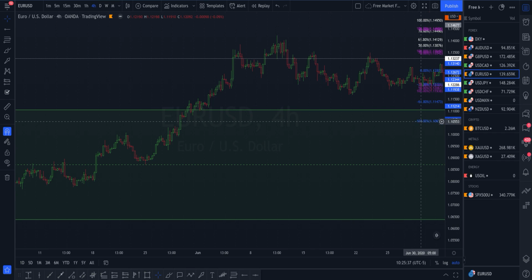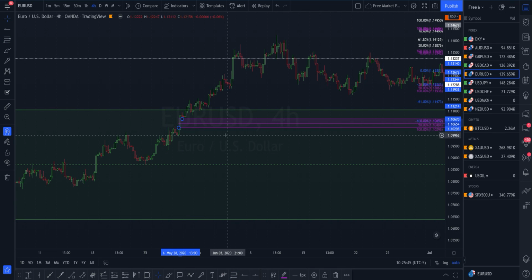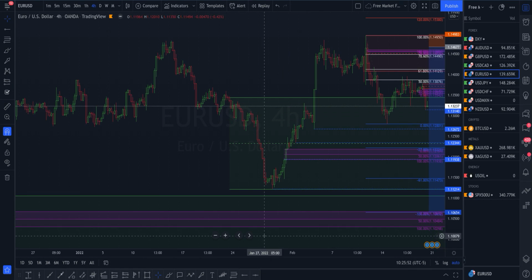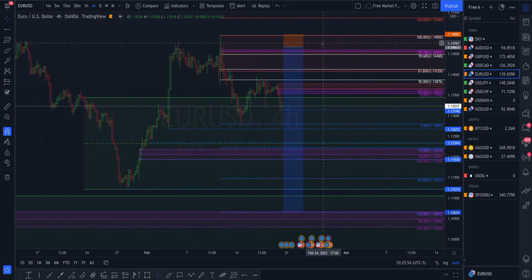I've already taken a partial there. And we do have this gap fill. 100% will stop us out for that trade, which still won't be a bad trade.